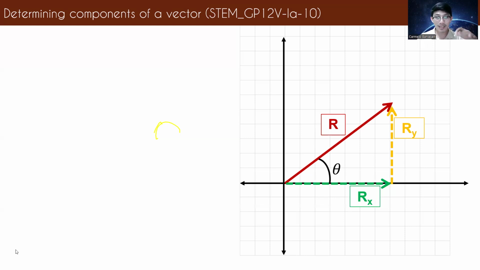That's Ry, vertical component. So again, we have r, which is the vector, the magnitude of our vector, we have Ry, the vertical component, and Rx as the horizontal component.